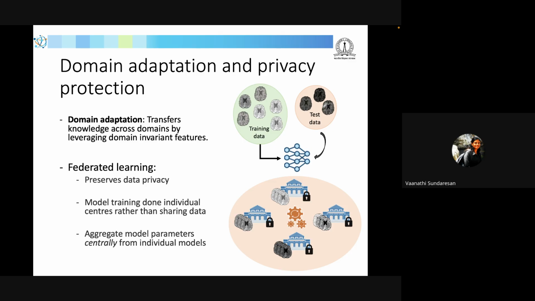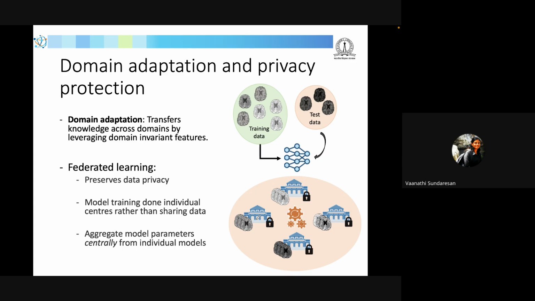Each individual source, we call them clients, and the data is preserved in the individual clients. Rather than sharing the data, accumulating it and training a single model, we train the models in the individual clients, and then we aggregate the model parameters at the end of each training round to a common model present in the common server, which we call a global model, right?